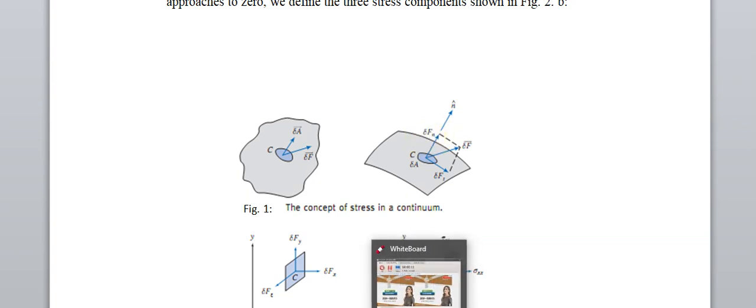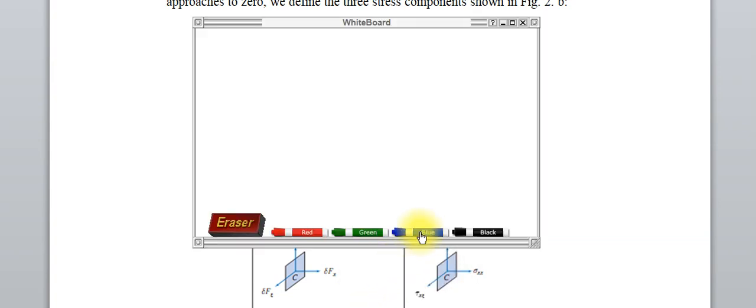Look at this one. This is the area, and this is just like normal. I cannot show this exactly, but it will be like this.